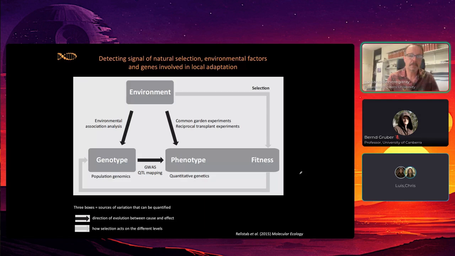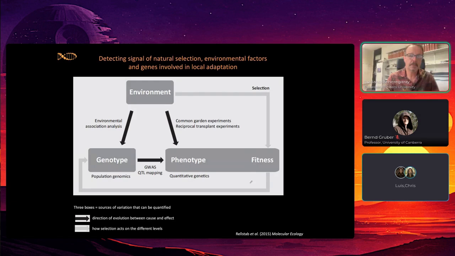They are represented by these three boxes here: the environment, the genotype, and the phenotype. In this very simplified scheme, the black arrows are the direction of evolution between cause and effect. The gray arrows show how selection acts across these different boxes of variation.